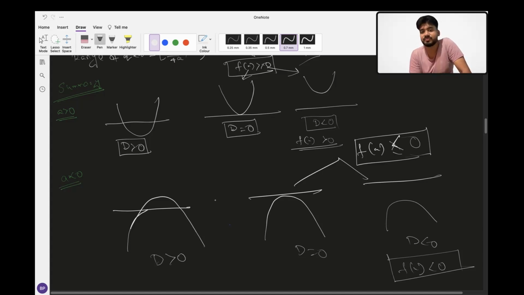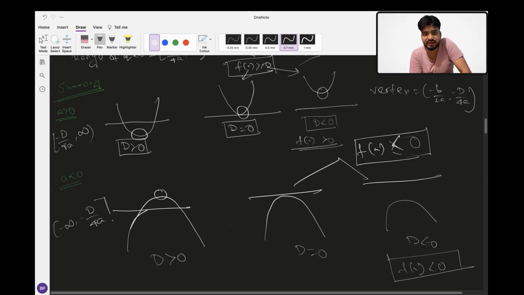Okay. Now, also we have marked these points. In this case, the range will be minus d by 4a to infinity in all the three cases. Yes or no? This point is also called the vertex. So the vertex point is minus b by 2a comma minus d by 4a, and here the maximum value is minus d by 4a and the minimum is minus infinity.